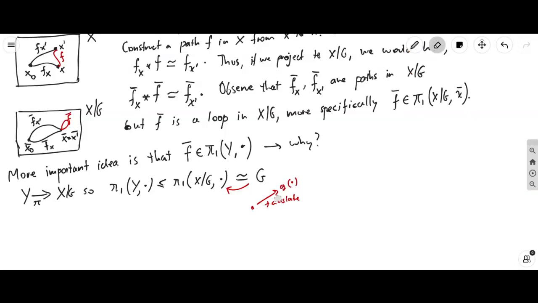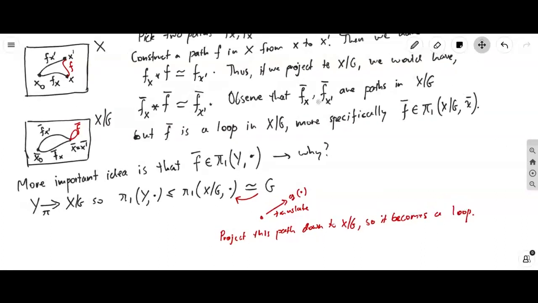Whatever that point is, you're going to apply g to that point, you're going to translate it, and this gives you a path. Then you're going to take this path and project it down to X mod G. So it becomes a loop, because the point and its translate coincide, and they will give you a loop in the quotient.